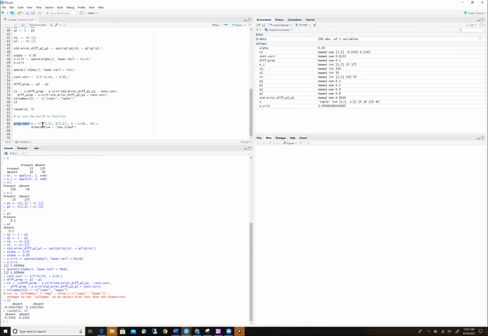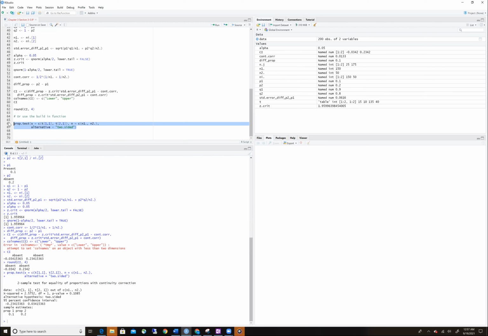So our successes are in T11 and T21. And then the row marginals N1 dot and N2 dot tell us our totals, and we have a 2-sided test. And by running this, you'll see here that I get the same exact confidence interval, right?